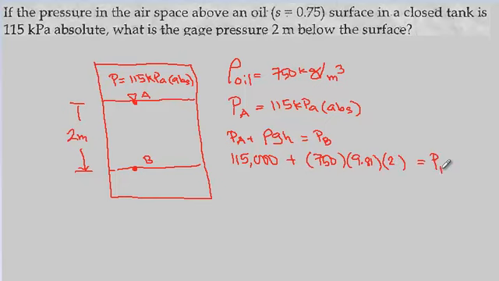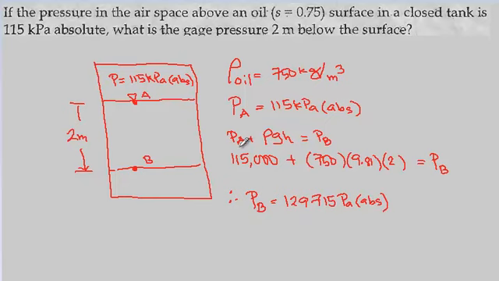Take note that what we solve here for PB is absolute pressure because we are using PA, absolute pressure. Therefore, PB is 129,715 Pascal, and we put absolute here just to be consistent.